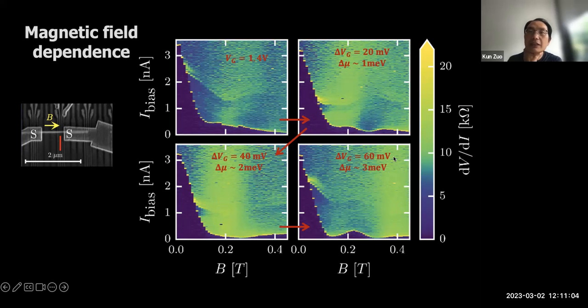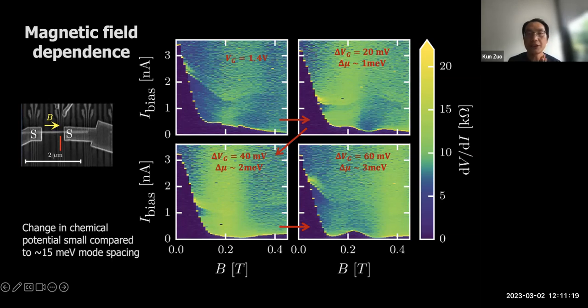At 60 millivolts, we can see the first node almost goes to zero, and then the supercurrent revives, goes down to almost zero again, and then comes back again. The change of the chemical potential is quite small compared to the 15 milli eV mode spacing, so what we change might seem subtle for the whole supercurrent interference.